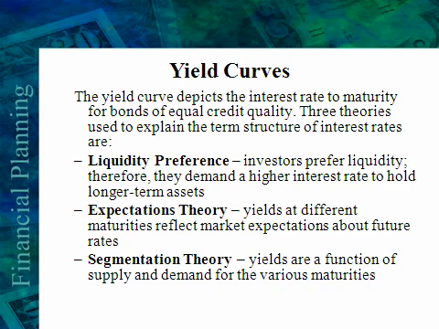The expectations theory, which says that yields at different maturities reflect market expectations about future rates. And segmentation theory. The yields are a function of supply and demand for the various maturities, whether we're looking at a 10-year, a 20-year, a 30-year security.